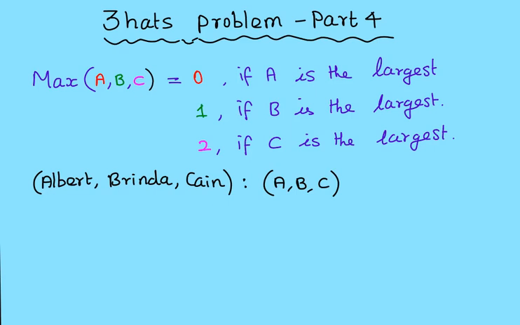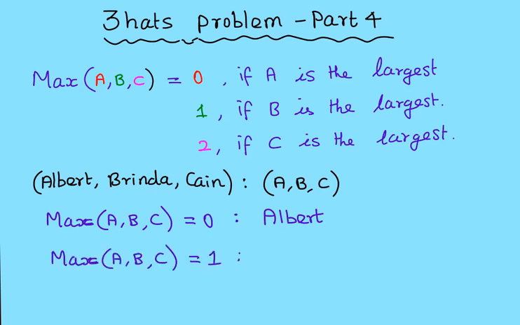So by applying the function max of ABC, we can get the person who claims his number finally. If max of ABC is equal to 0, then Albert claims his number finally. If max of ABC is equal to 1, then it is Brinda. If max of ABC is equal to 2, then it is Cain.